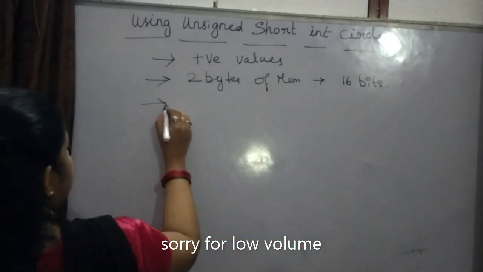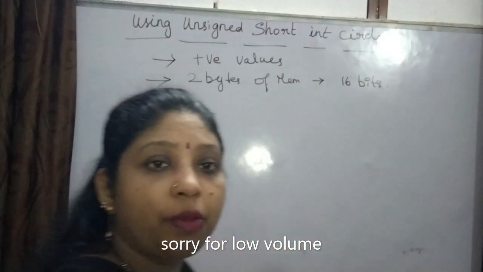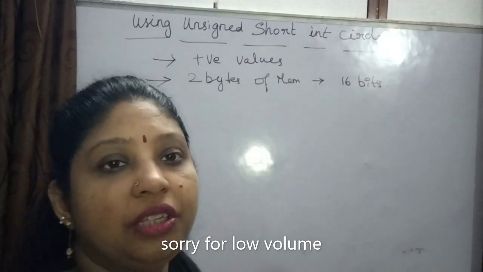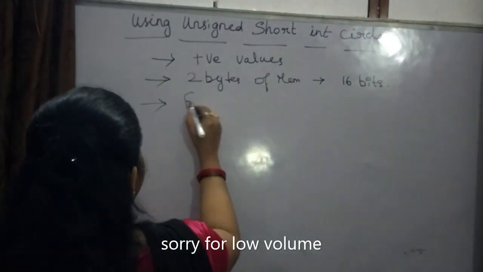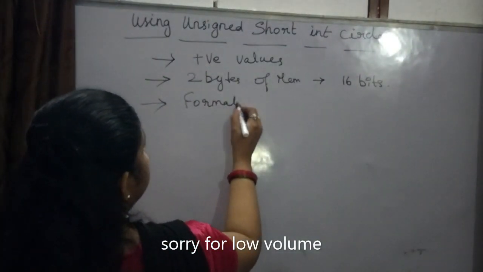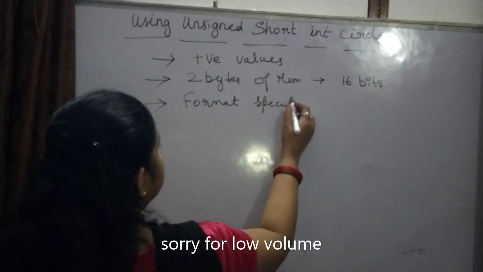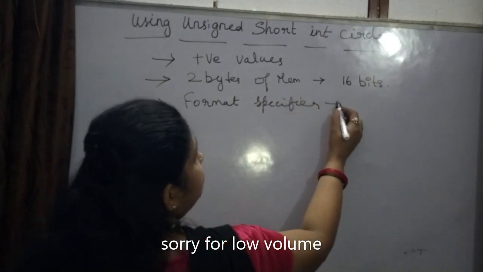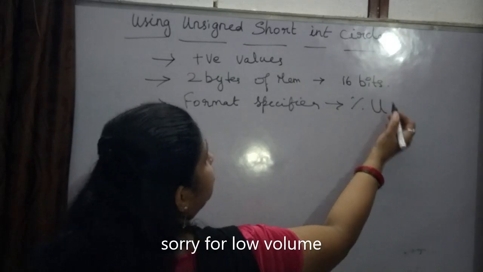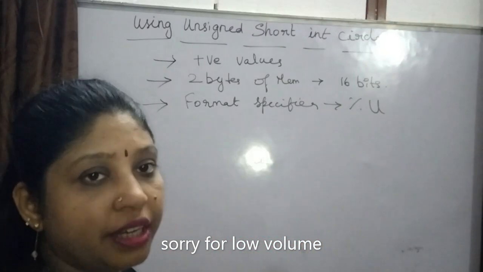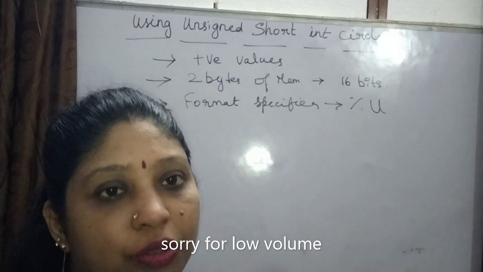Next, what is the format specifier used for this data type? The format specifier used for this is %u. You know all these things; in earlier classes we discussed this clearly.